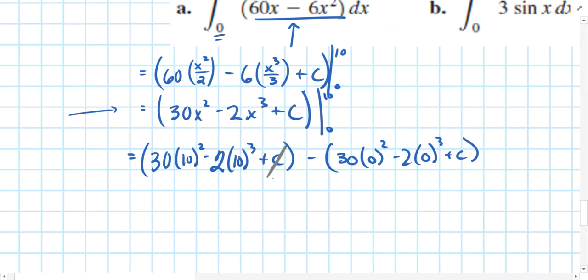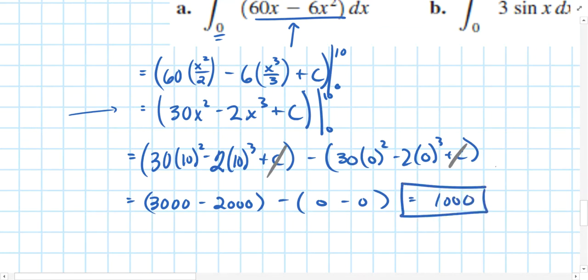So as we perform our subtraction, this c minus this c will cancel. And right now I'm left with 3,000 minus 2,000 minus 0 minus 0. So it sure looks to me that this area is going to be 1,000 units.